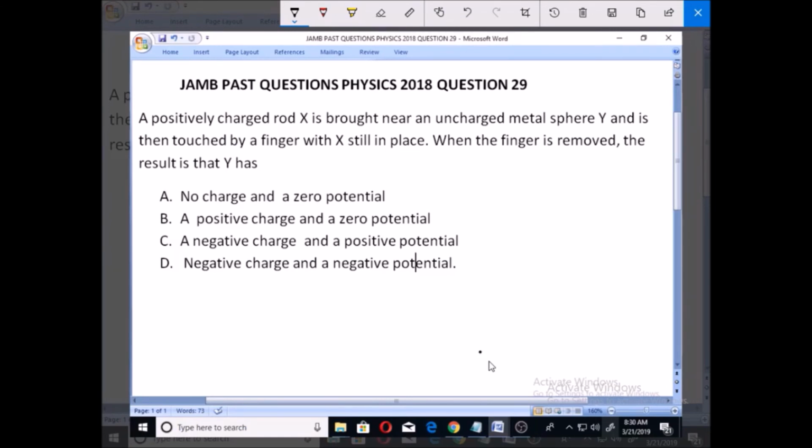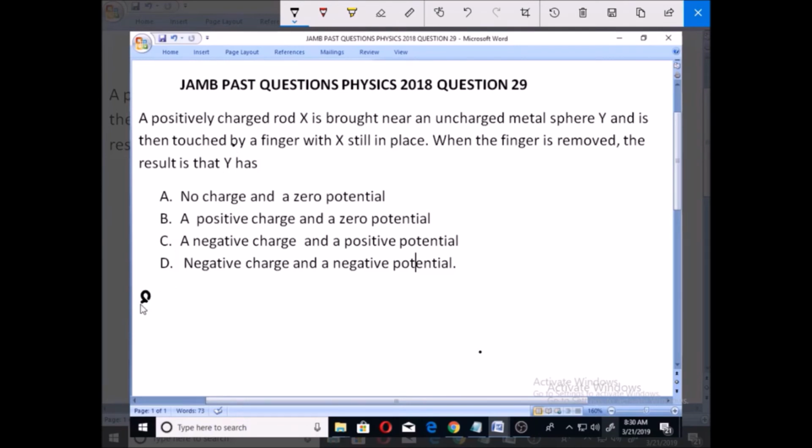So how do we go about solving this? Before we can appreciate this question effectively, we need to understand electrostatic induction, or charging via electrostatic induction, or charging via physical touching. The act of charging a neutral body by placing a charged body near it is known as electrostatic induction.